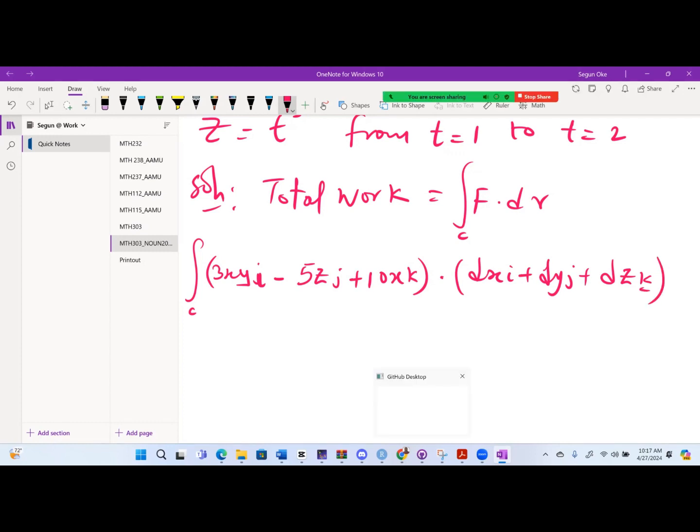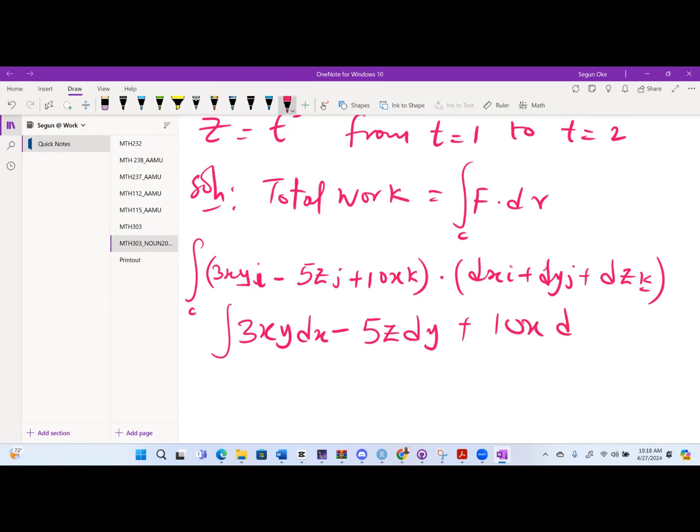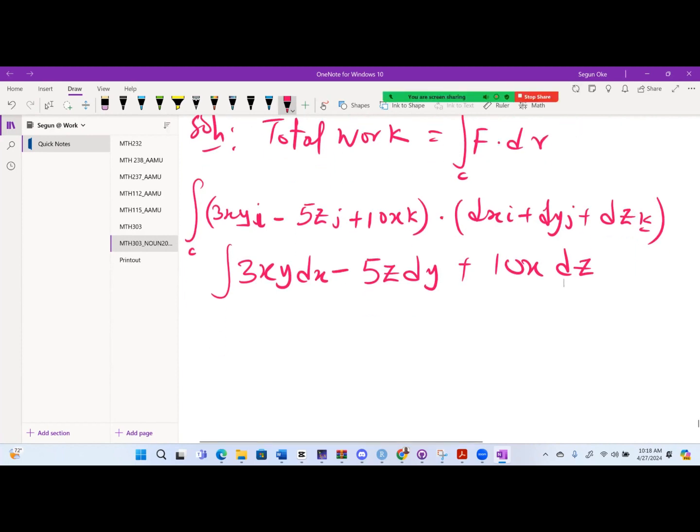Which is the same thing as the integral of 3xy dx minus 5z dy plus 10x dz. So I need to substitute my parameters now. I know x, y, z.